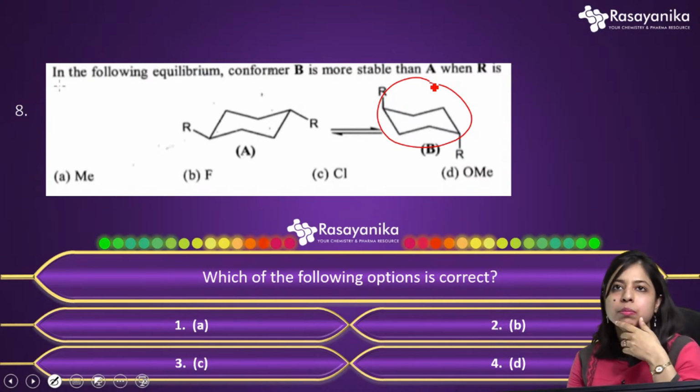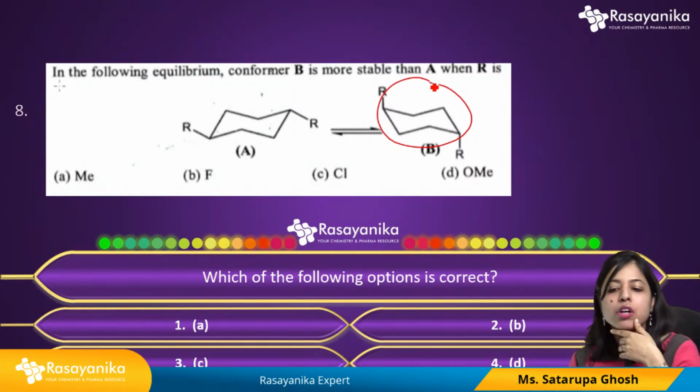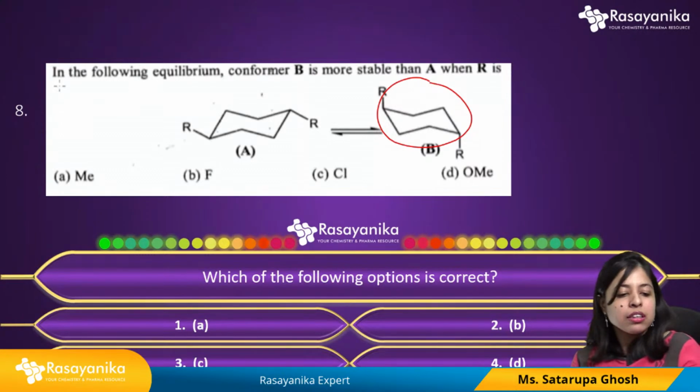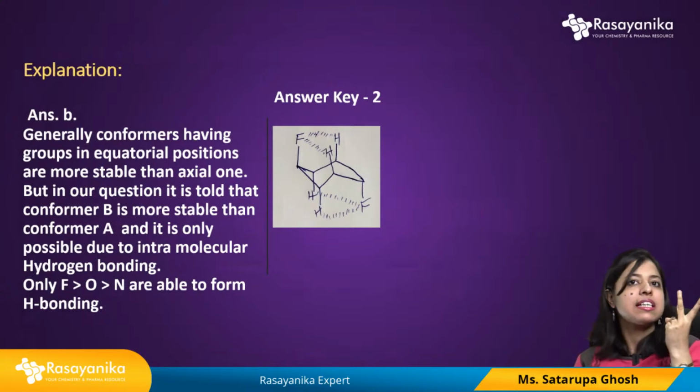So when is it possible? Only when there is a stability factor like hydrogen bond, here the intramolecular hydrogen bond. We all know that the atoms which show hydrogen bonding are fluorine, oxygen and nitrogen.